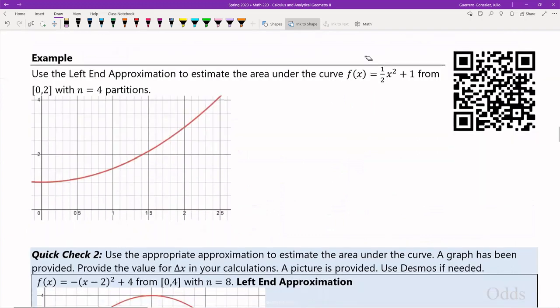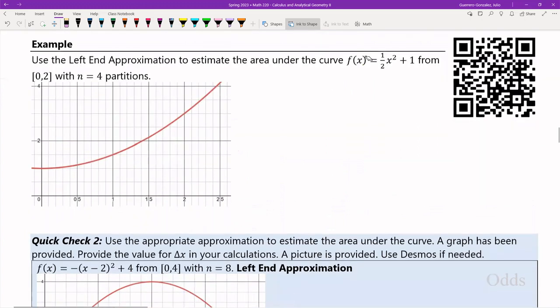So if you're on a big monitor of some sort, hopefully you have your phone free. If you scan the QR code, I did prep a Desmos calculator for you to use, just so that you don't screw up on the numbers that you're going to need to add up or calculate.